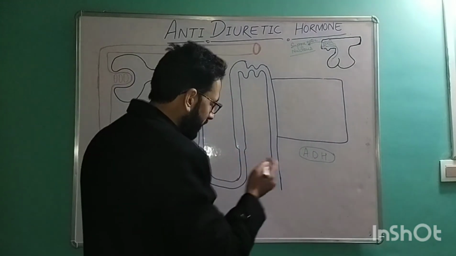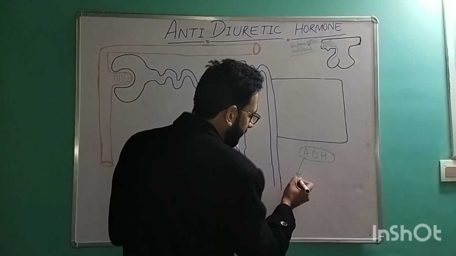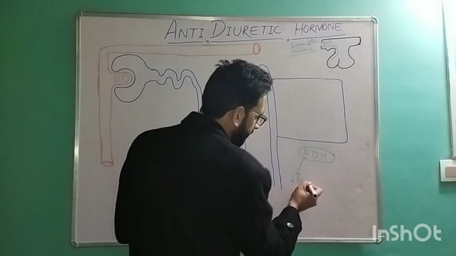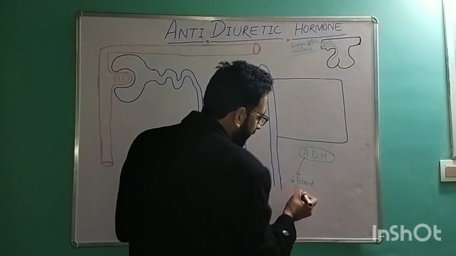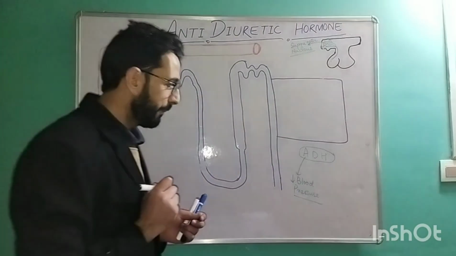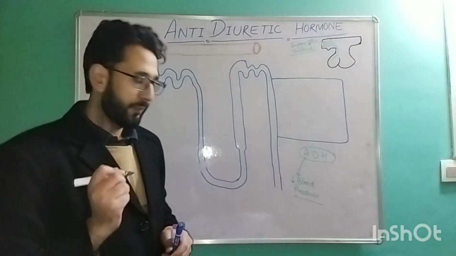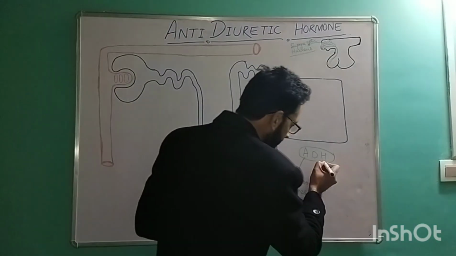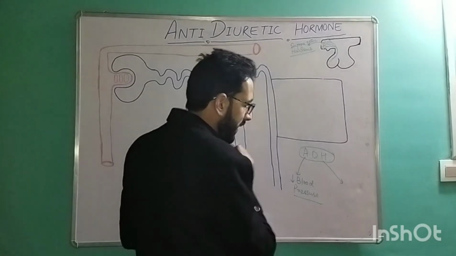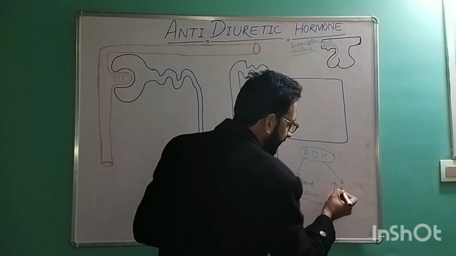The first stimulus is decreased blood pressure. Whenever there is decreased blood pressure, that is hypotension, that will lead to release of the antidiuretic hormone. And the second, very important stimulus is increased plasma osmolarity.